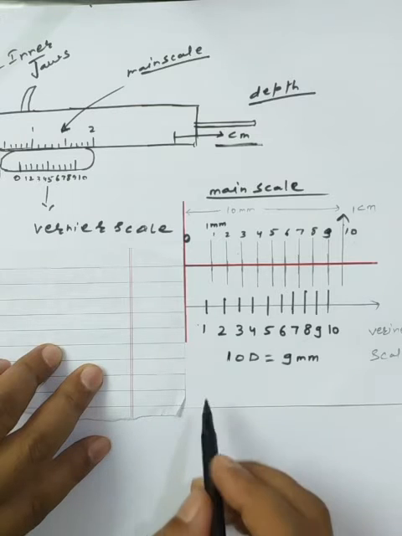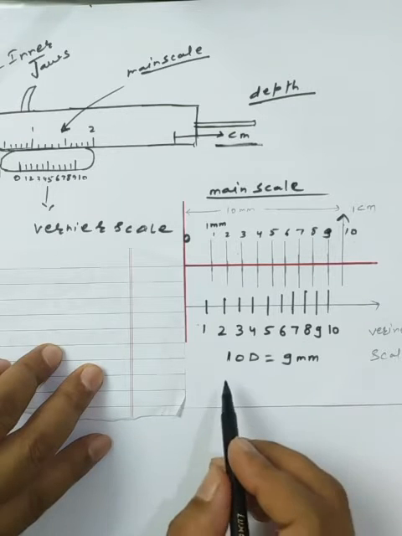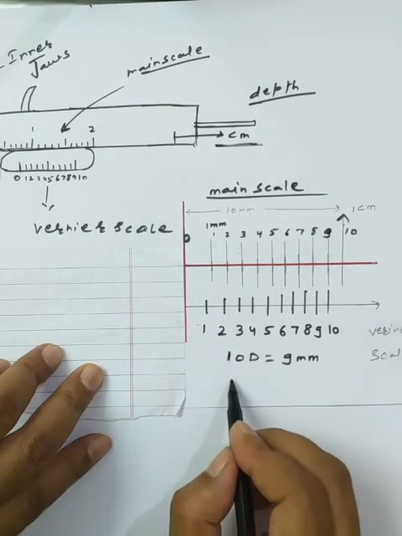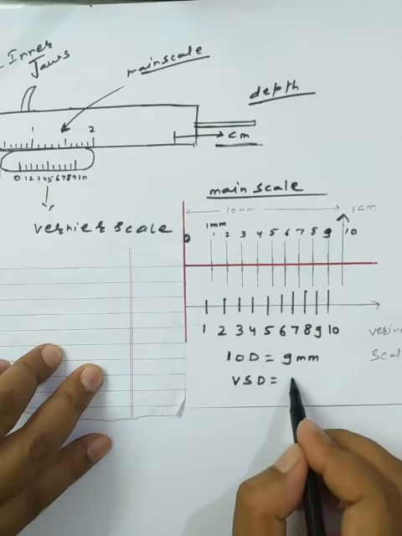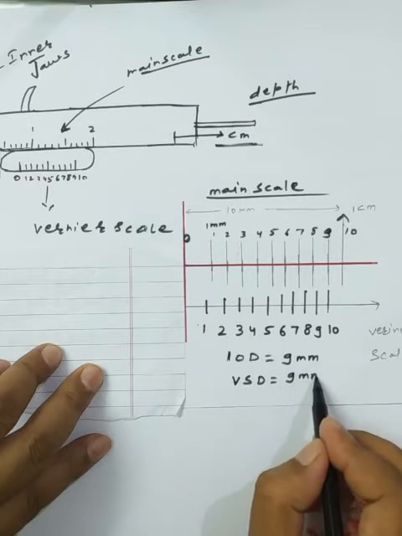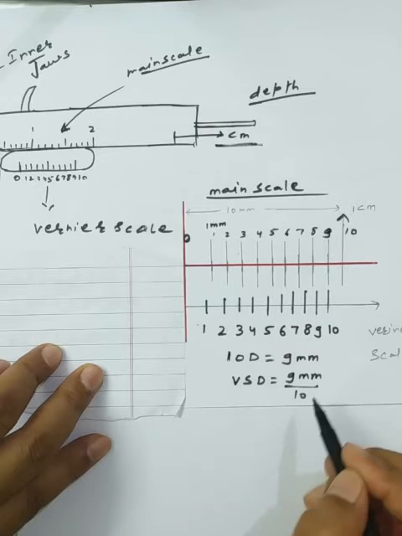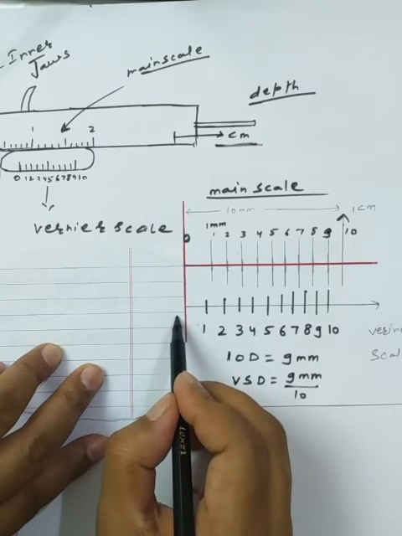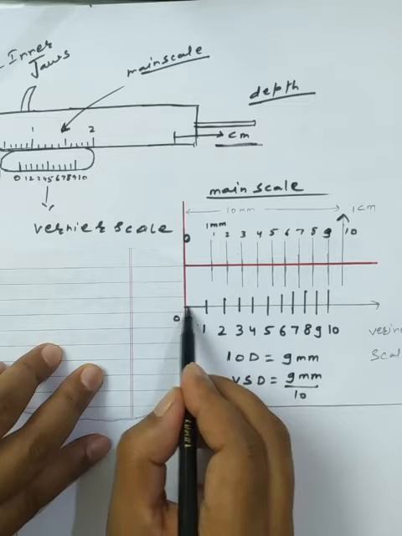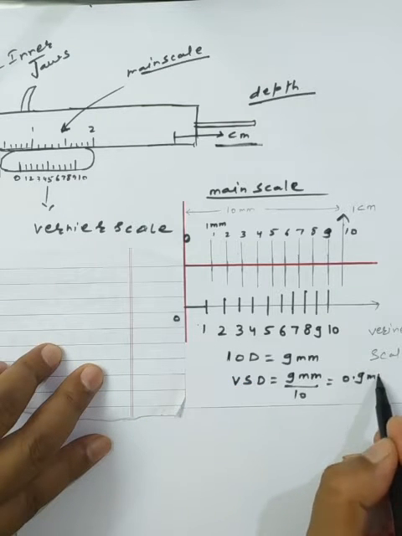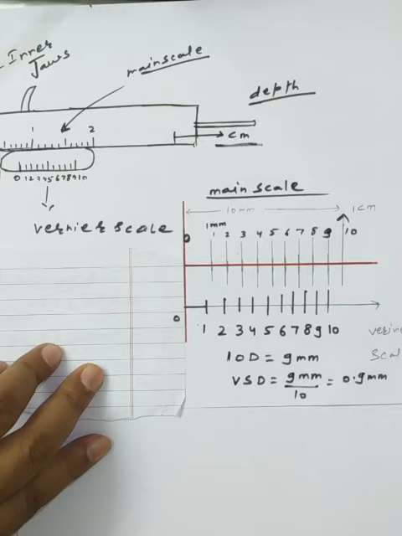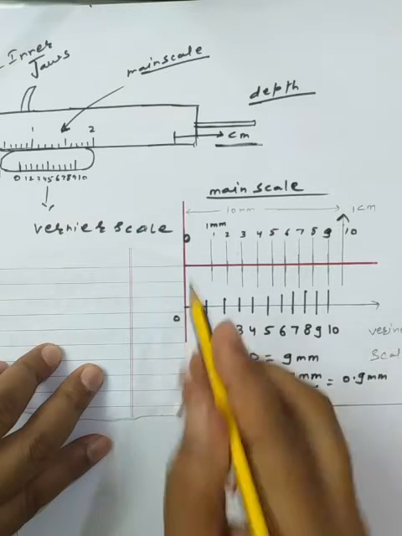So I can find out the value of one division. The value of one vernier scale division is equal to 9 mm divided by 10, which comes to about 0.9 mm.